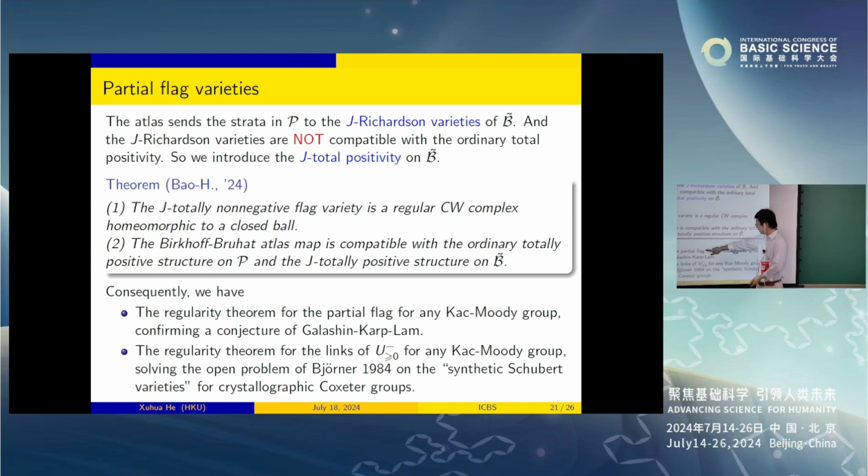They proved this for the partial flag for reductive groups. They conjectured this should be true for any Kac-Moody, and now we actually prove this. Another thing is that we are able to prove this regularity theorem for the links of this U minus, and this actually solves Bergeron's question for crystallographic Coxeter groups.